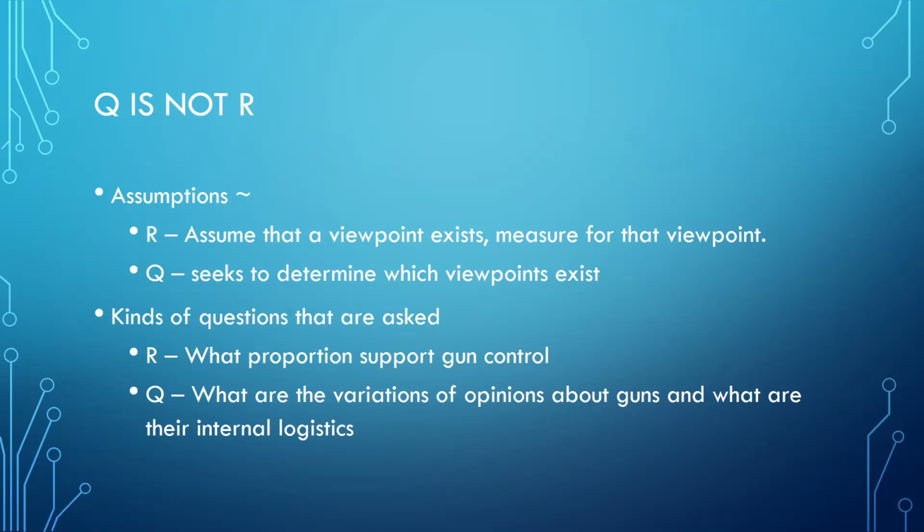So whatever your type of question is, Q methodology looks at the variations of opinion of that particular thing. In the United States, we have lots of discussions about gun control, so that's why I have that example in there. But COVID-19 vaccinations, I think, is pretty global right now.